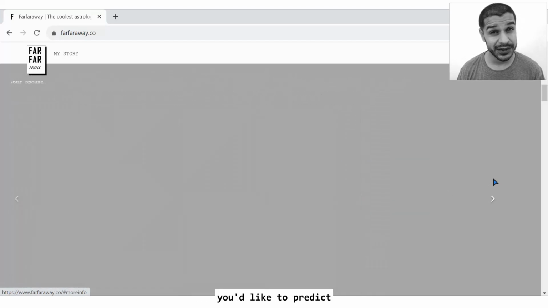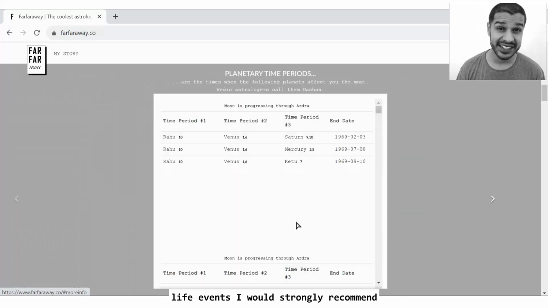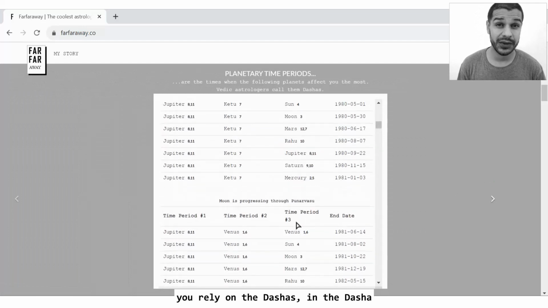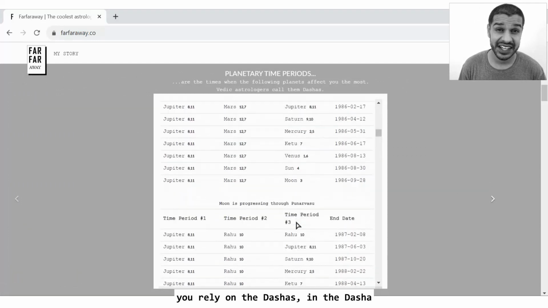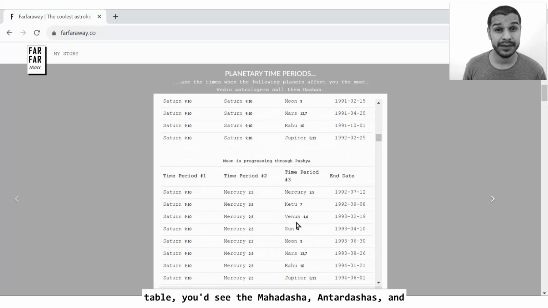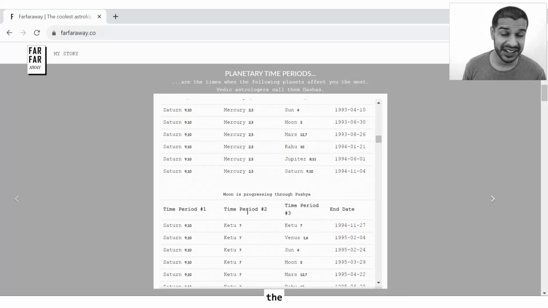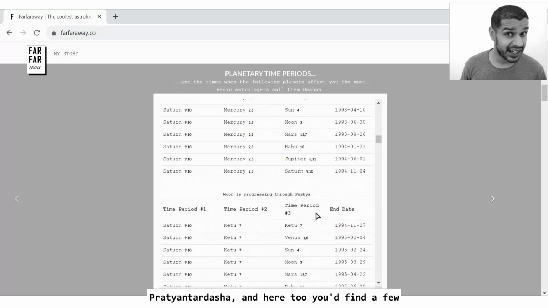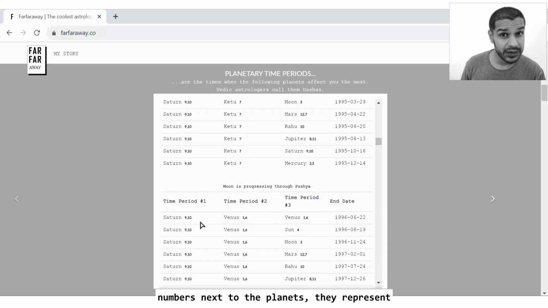Now if you'd like to predict life events, I would strongly recommend you rely on the dashas. In the dasha table you'd see the Mahadasha, Antardasha and the Pratyantar Dasha, and here too you'd find a few numbers next to planets. They represent the houses these planets are ruling in the main chart.